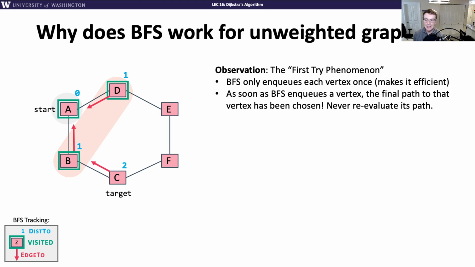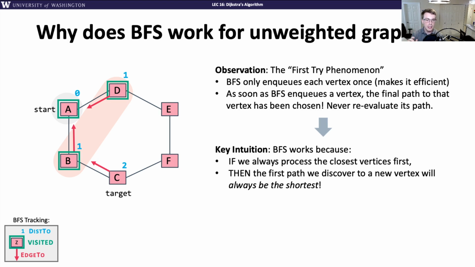What I mean by that is, the reason this works is because BFS always processes the closest vertex first. So when we go to enqueue a node, we're always looking from the perspective of the closest node.